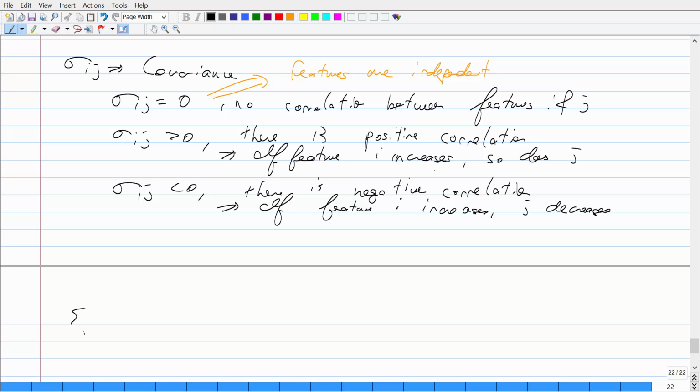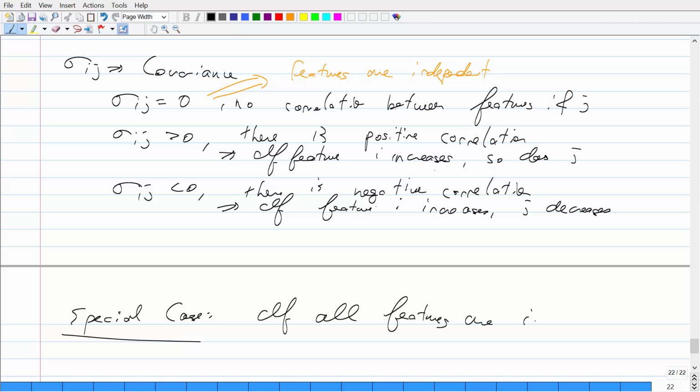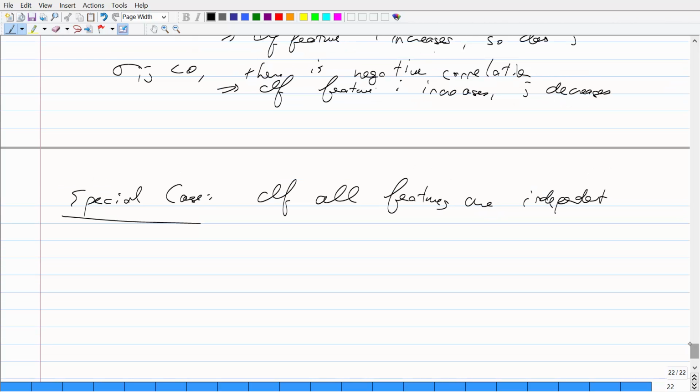Okay? So here's a special case. If all features are independent, what's going to happen is that all the covariance matrix terms, all the off diagonals, are going to be 0. So the only things that are non-zero are going to be the diagonals instead. So if all features are independent, therefore sigma is diagonal.